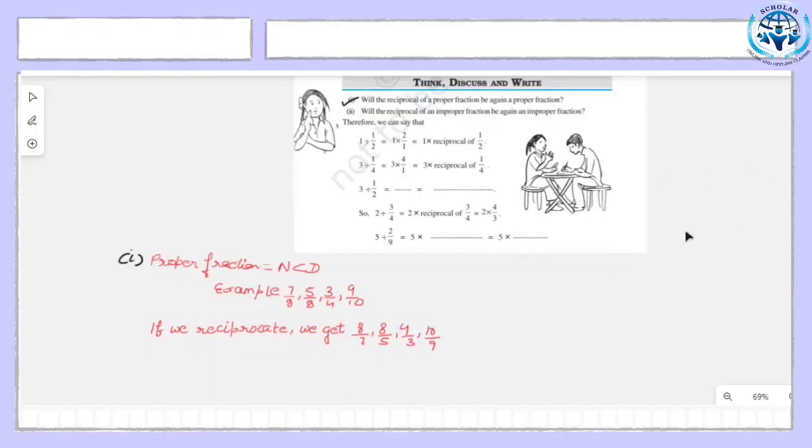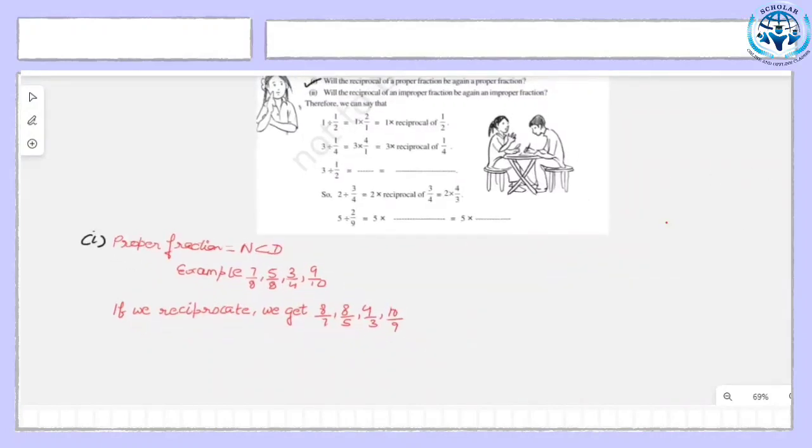You can see that in each of these the denominator is less than the numerator. That means the numerator is greater than the denominator, so they are all improper fractions.